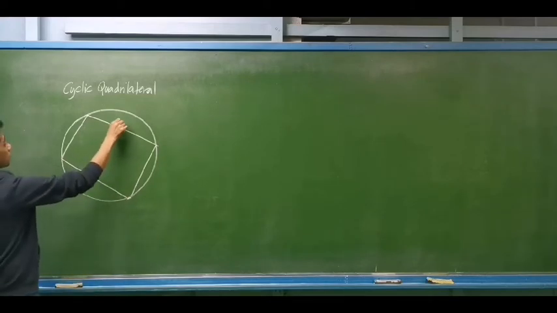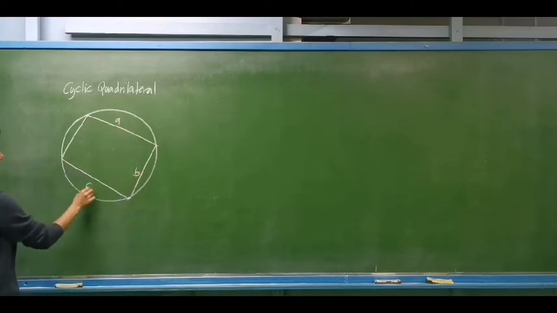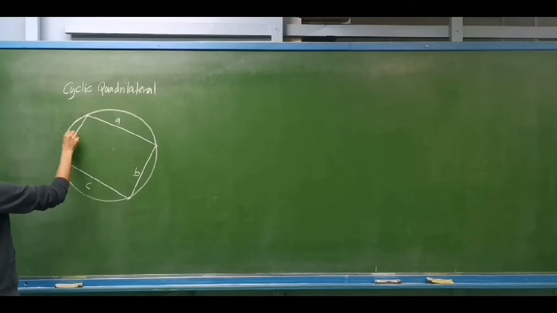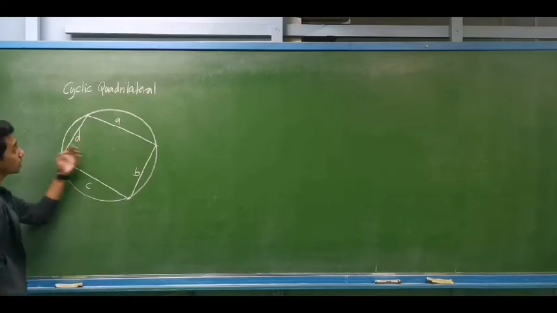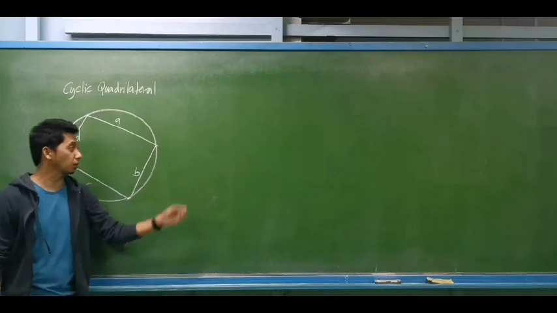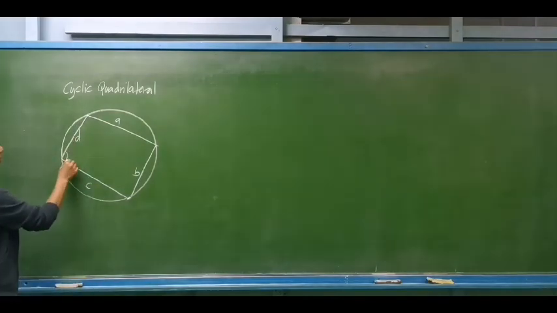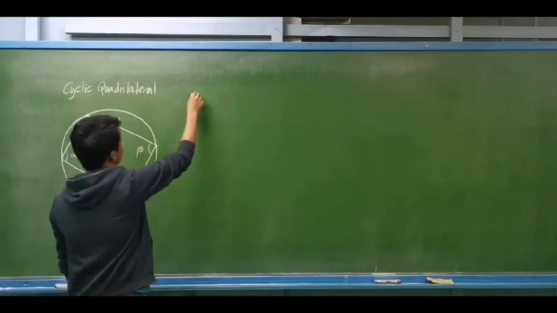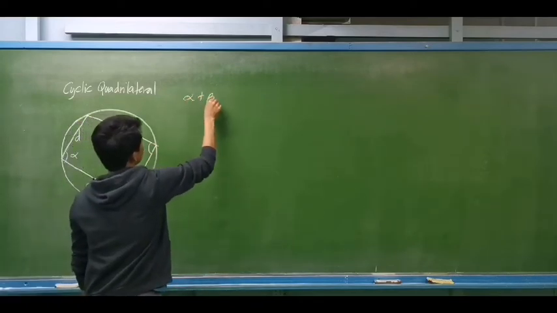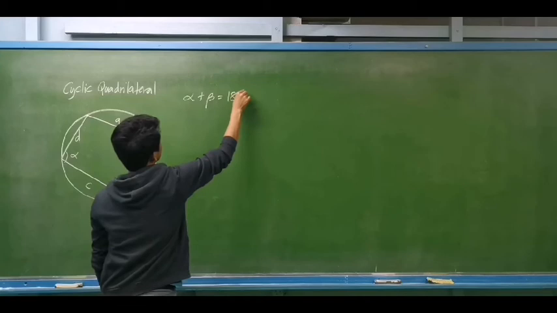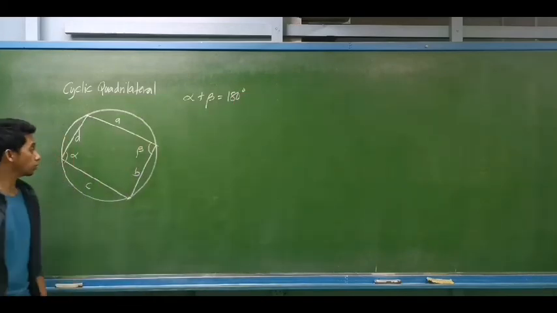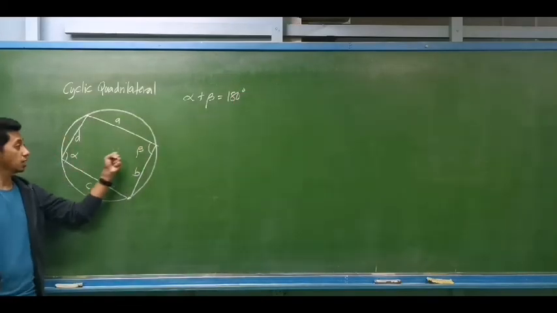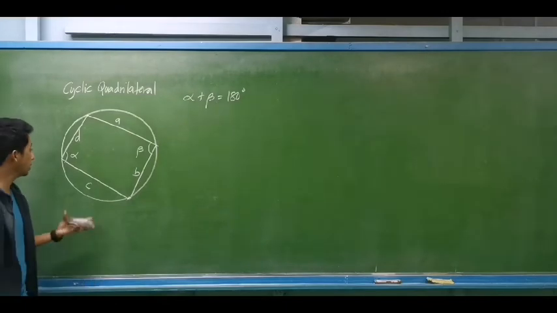So let's say this is side A, side B, side C, at saka side D. Kailan natin masasabi na cyclic quadrilateral ang isang quadrilateral? For example, this is angle alpha, this is angle beta. If alpha plus beta is equal to 180 degrees, kung yung sum ng opposite angles is equal to 180 degrees.